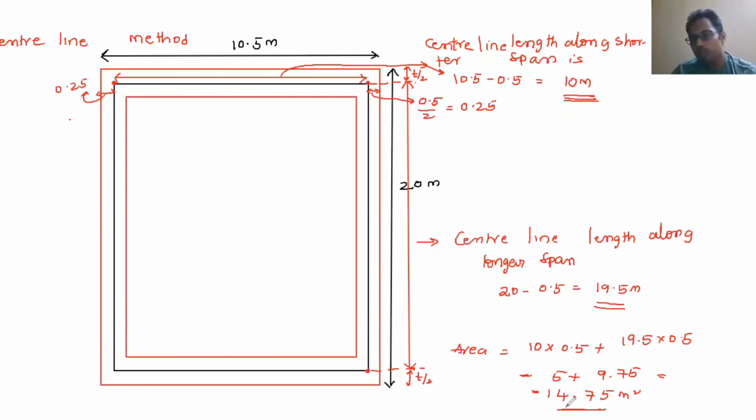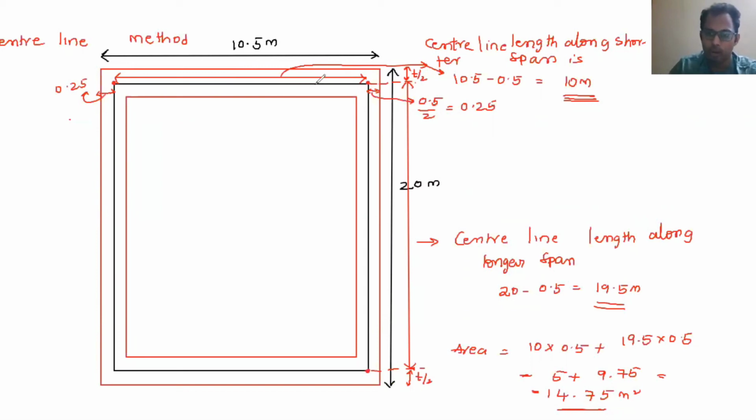Both will give you the same result. The only condition is that the thickness is uniform along the length and width. If the thickness is uniform, generally we prefer the center line method.